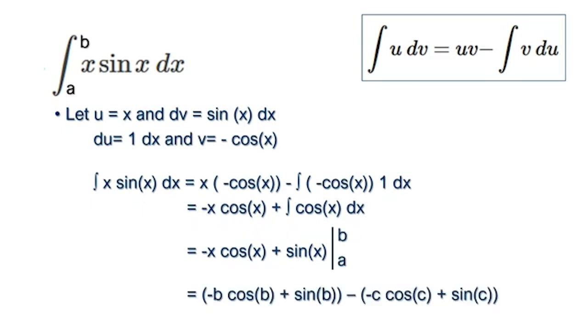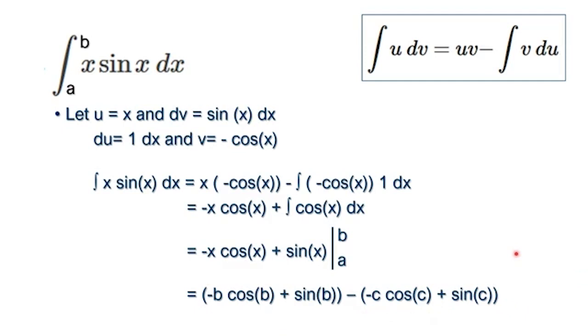Alternatively, had this been a definite integral, meaning that it is bounded above and below by some other value, then we can apply the fundamental theorem of calculus by evaluating our final answer from c to b, meaning that we will take negative b cosine of b plus sine of b minus negative c cosine of c plus sine of c.